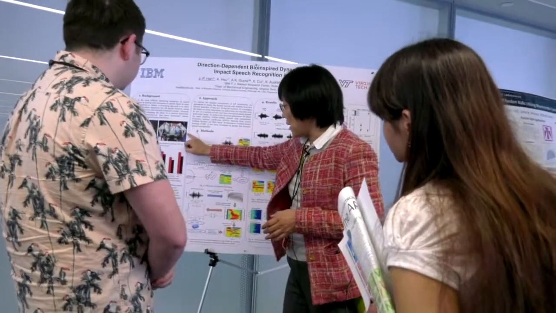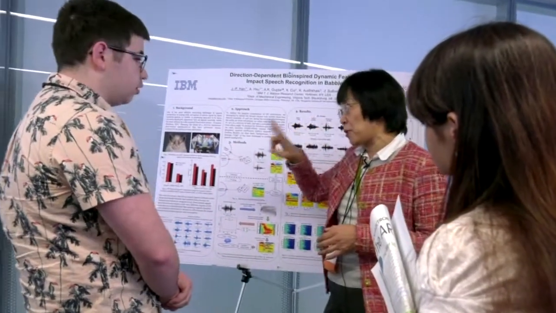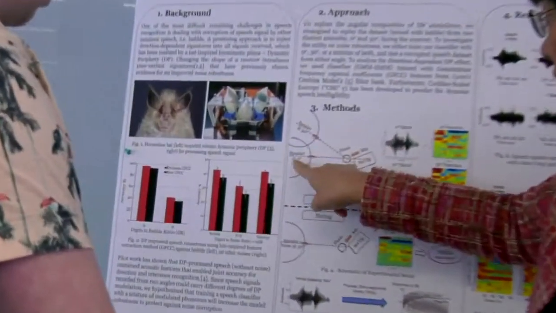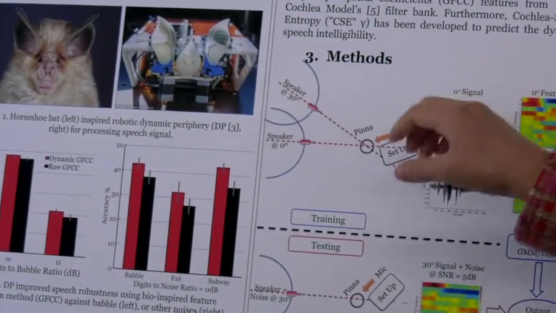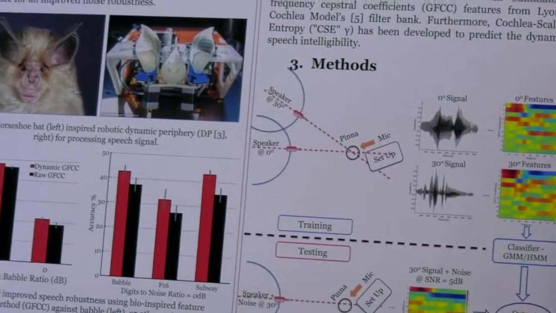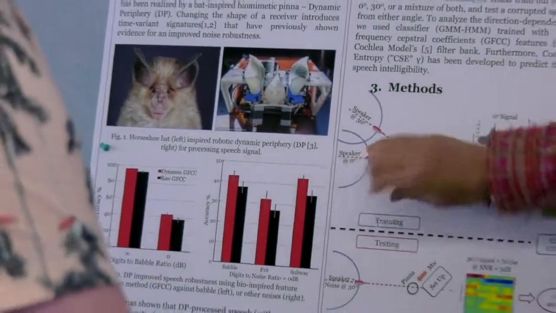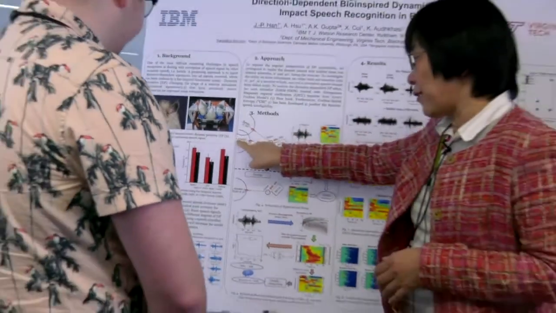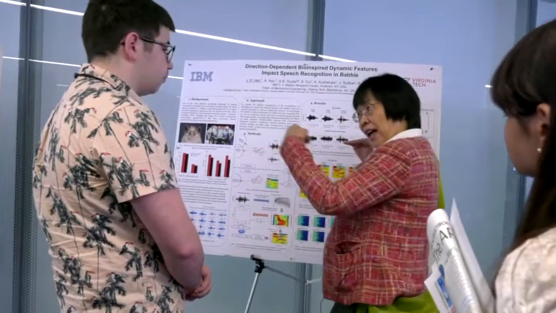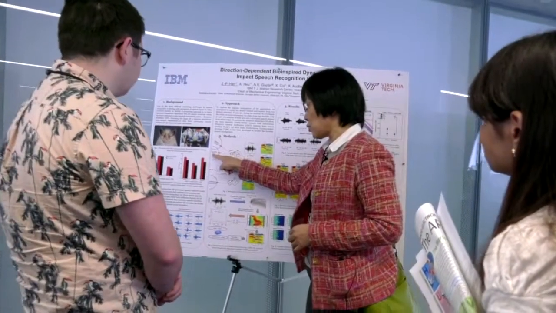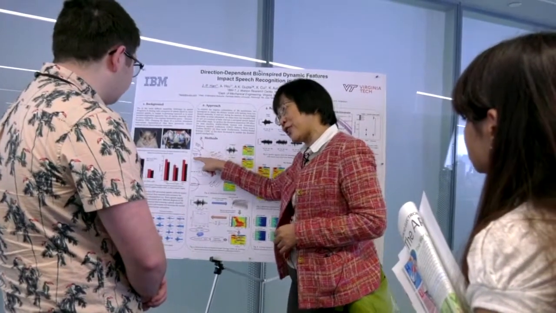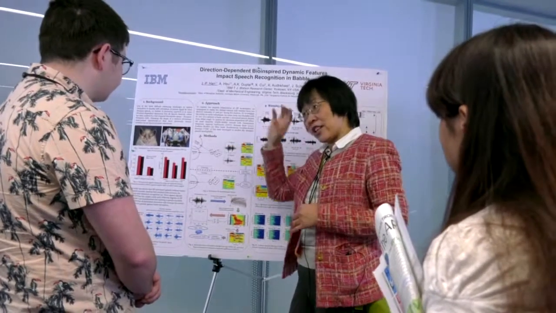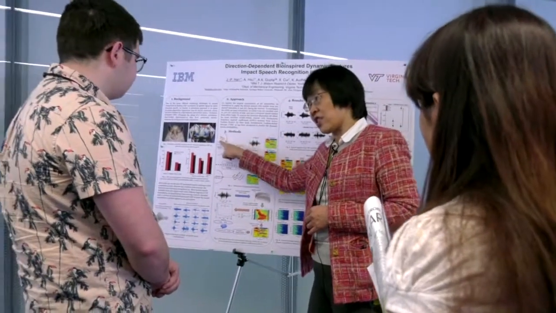And there are 2 variables. One is the speaker faces the robot. The robot's ears are moving, this guy. I don't change here, but I use 0 degree. I align that with the sound source, we call it 0 degree. And then there's another variable, which is 30 degree.